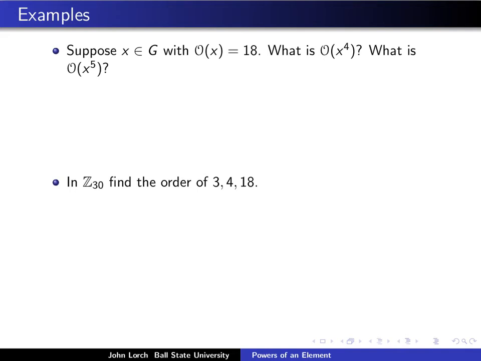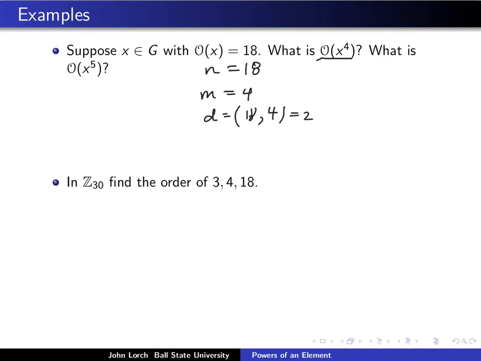So first let's handle the order of x to the fourth. So in this instance, our value of n, that is the order of x, is 18. Then the power of x that we're considering is the fourth power, so that means that m is going to be 4. And then we have to compute the greatest common divisor of m and n, so that would be the greatest common divisor of 18 and 4, which is 2.